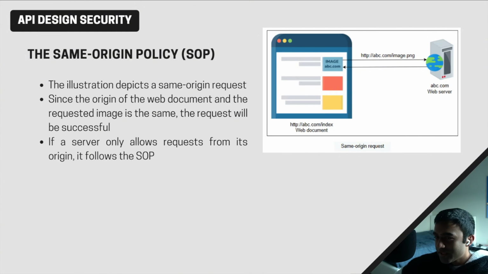The illustration depicts a same origin request. Since the origin of the web document and the requested image are both abc.com, the request will be successful. If a server only allows requests from its origin, it follows the same origin policy.